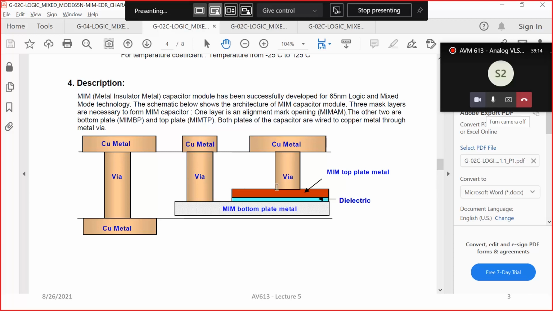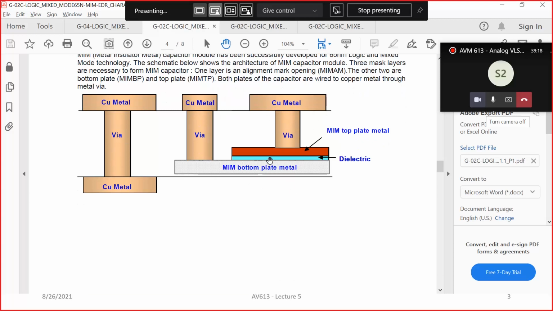All right. Now on top of that, if you look at the structure, I said this is metal 7, this is metal 6. If you go way down, you'll basically have the substrate, right? Now all these things will have a substrate tap also. Now this bottom metal plate also makes a capacitance with your substrate.